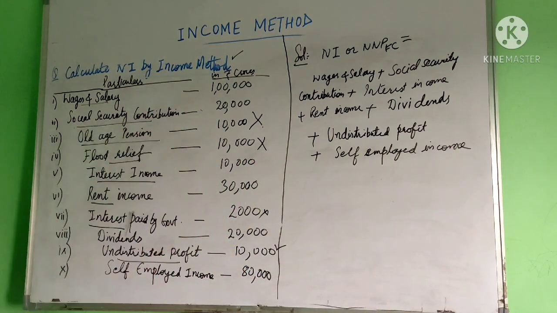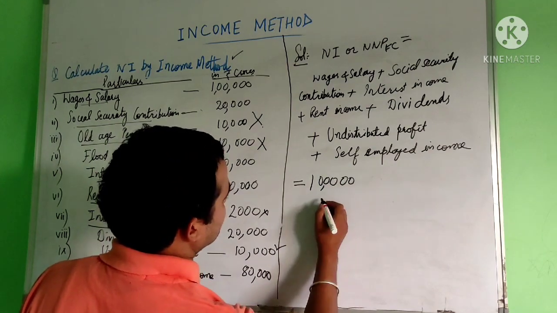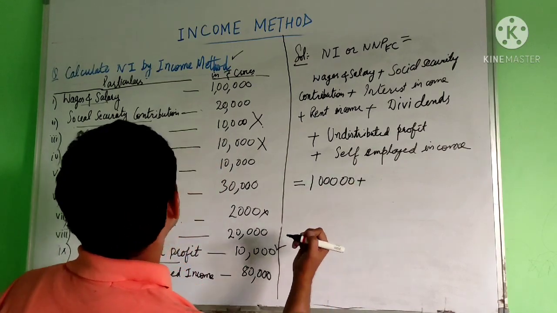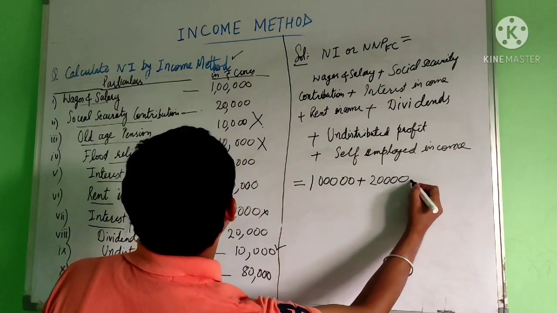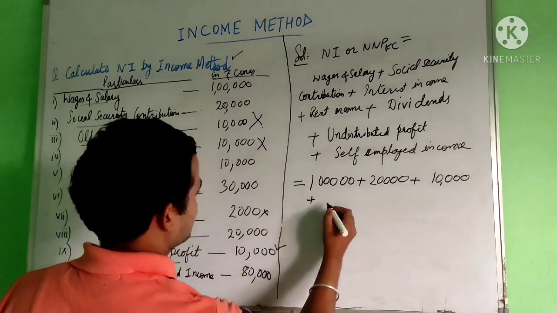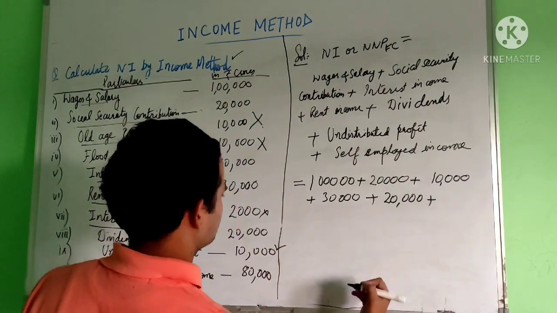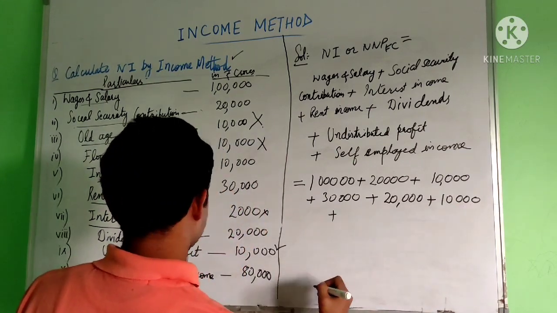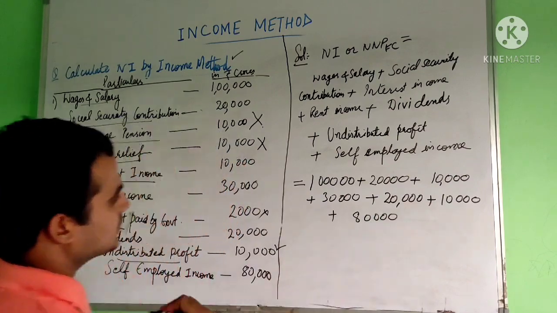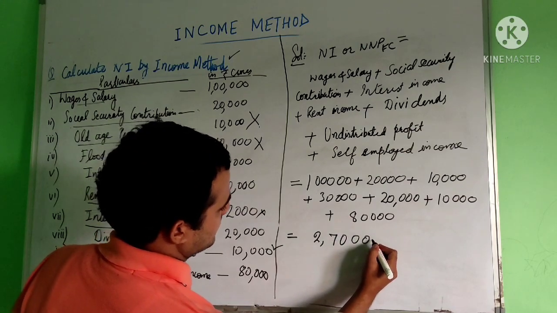Now you can put the values here. 1 lakh, plus social security contribution 20,000, plus interest income 10,000, plus rent income 30,000, plus dividend 20,000, plus undistributed profit 10,000, plus self-employed income 80,000, which is equal to 2,70,000.